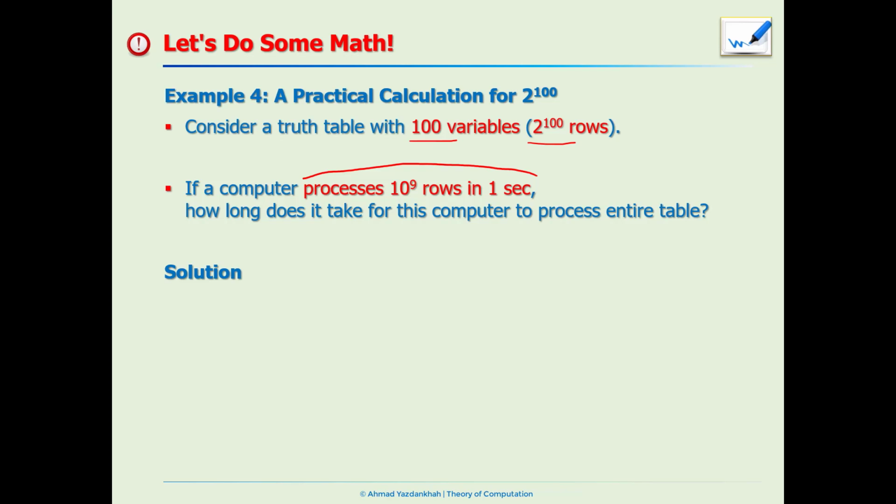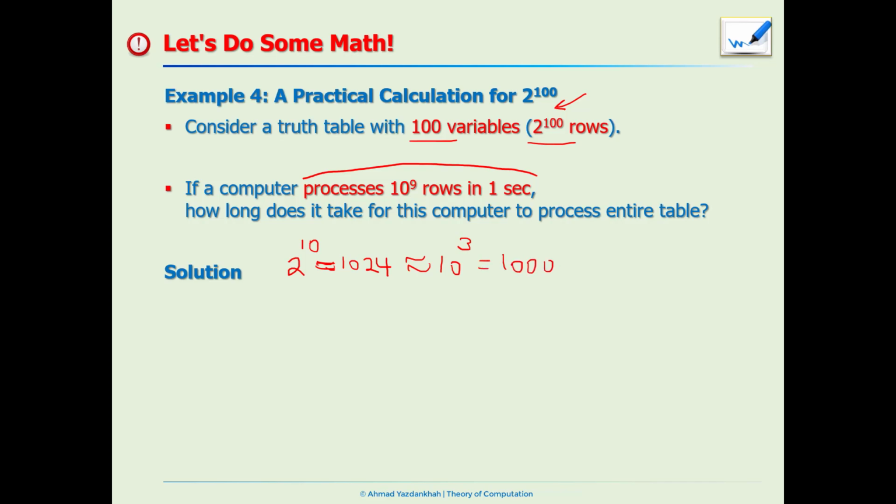Okay, now let me answer this question. We don't have any feeling about this kind of numbers, so let me first convert this 2 to the 100 to base 10. Usually we use this approximation: 2 to the 10 is equivalent to 1024, which is approximated with 10 to the 3, so it's equal to 1000.